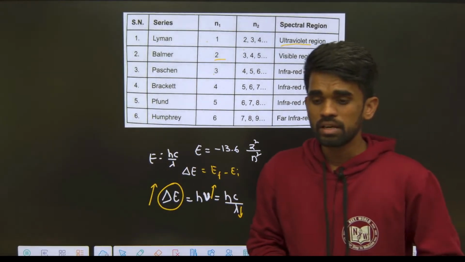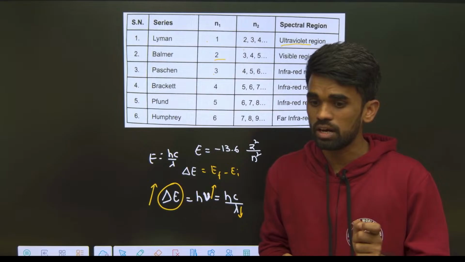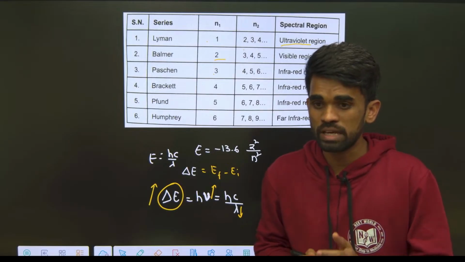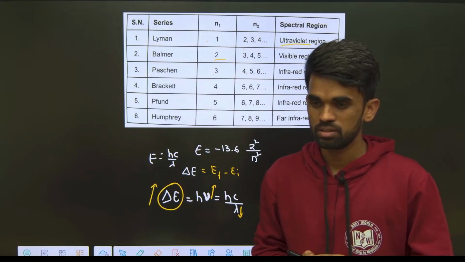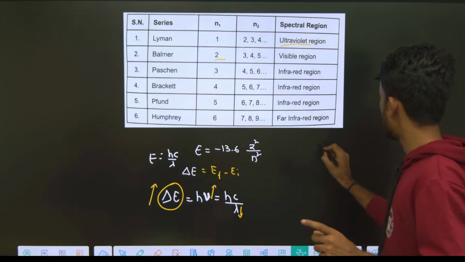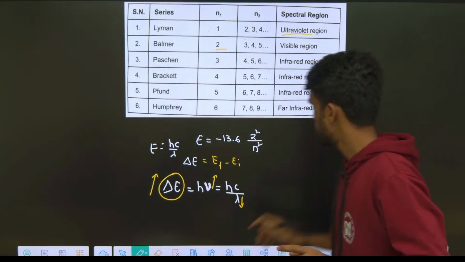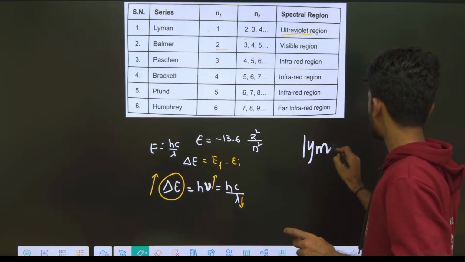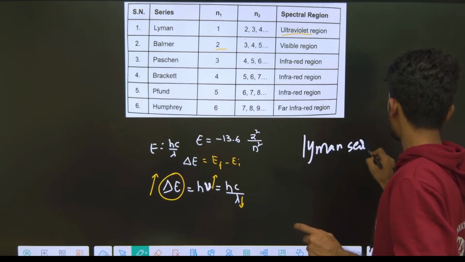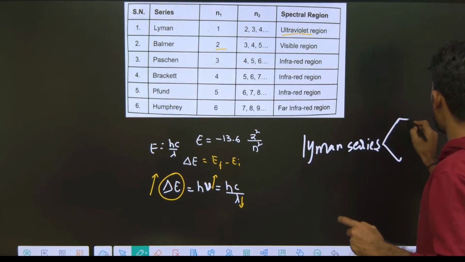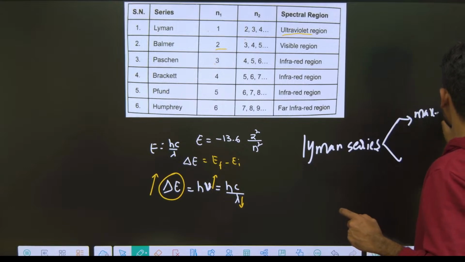Identify the transition of the electron with maximum wavelength in the Lyman series. I am asking for the maximum wavelength transition, the alpha line.